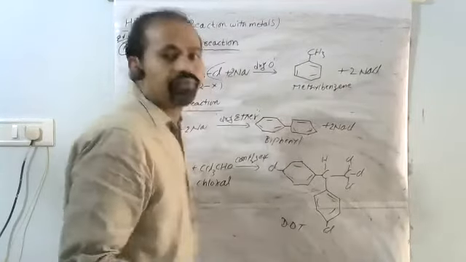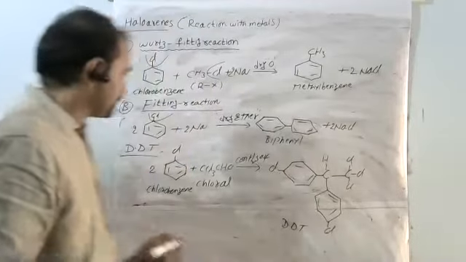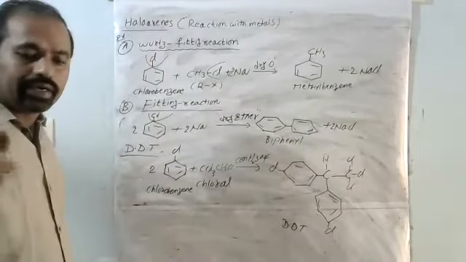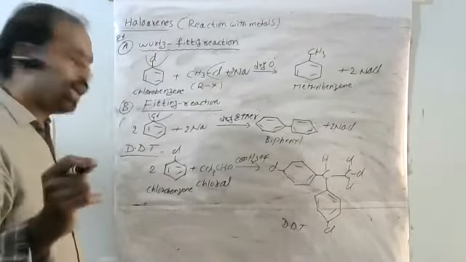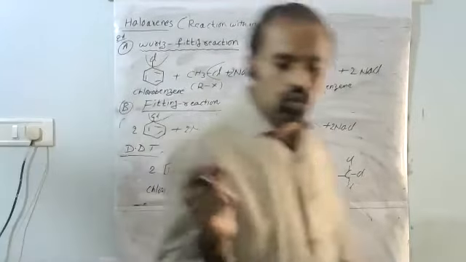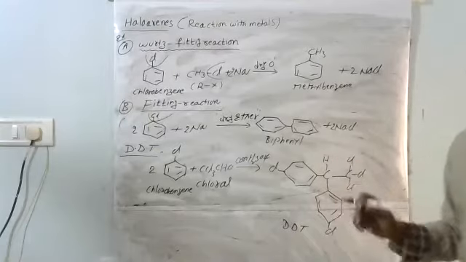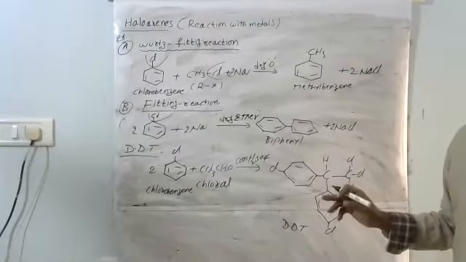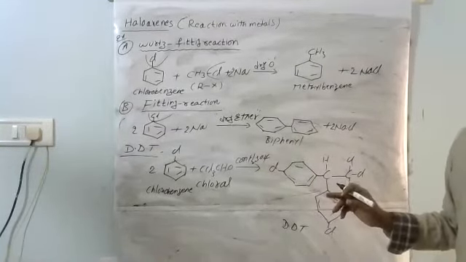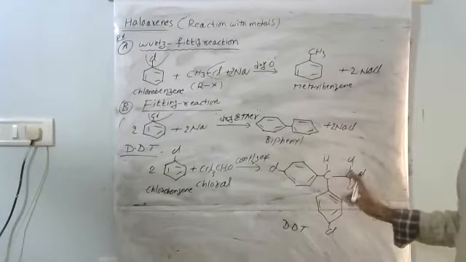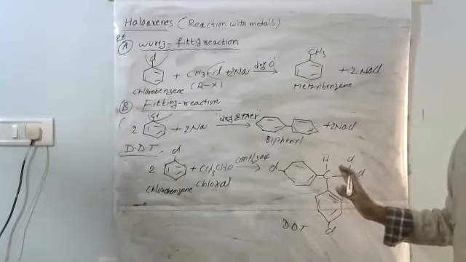What is the full form of DDT? Dichloro, diphenyl, trichloroethane. What is the IUPAC name?